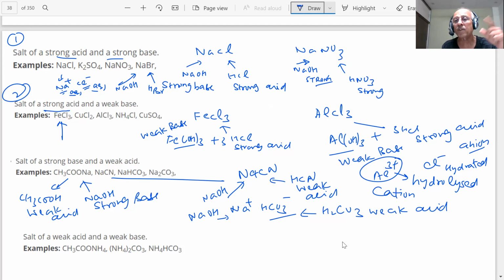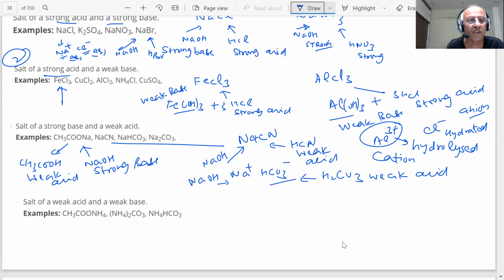What combinations are possible: strong acid and weak base, and salts of weak acid and weak base. What is the result? If I take CH3COONH4, they will get ionized like this. This is coming from acetic acid and ammonium hydroxide.